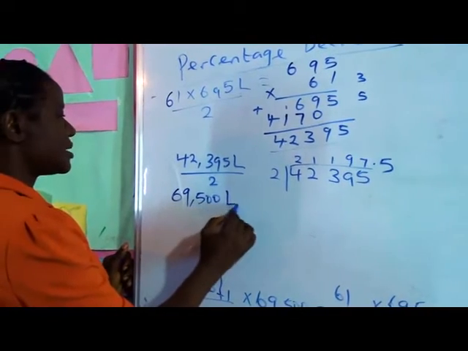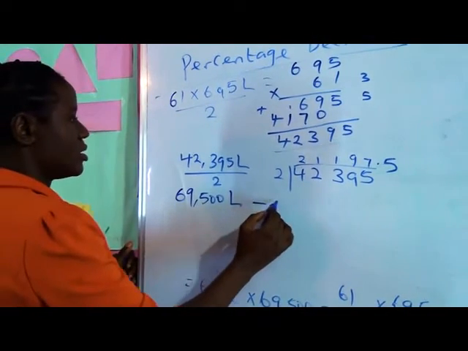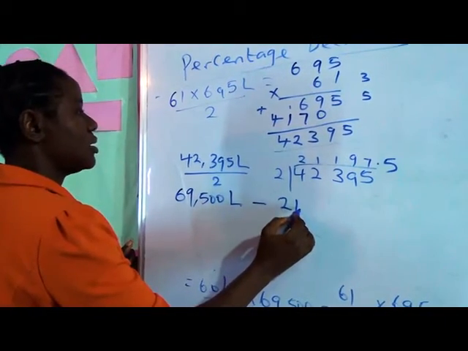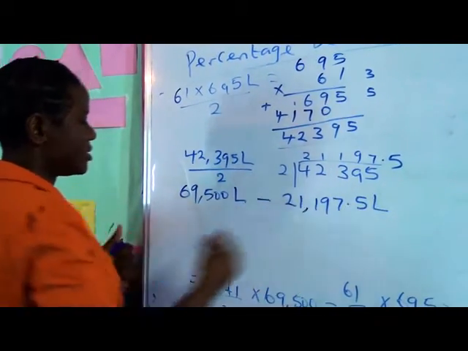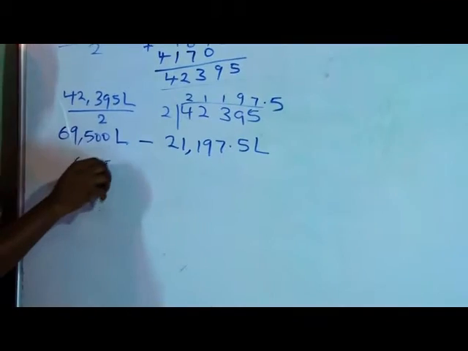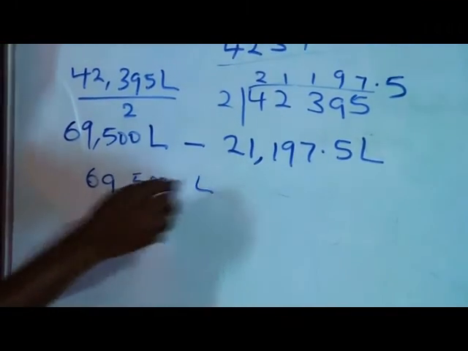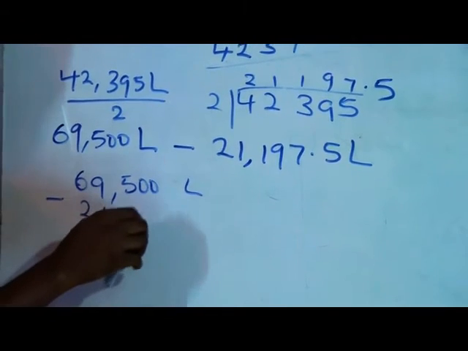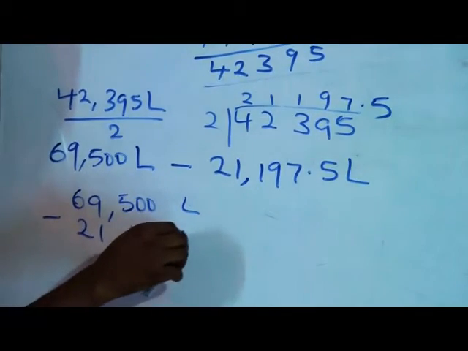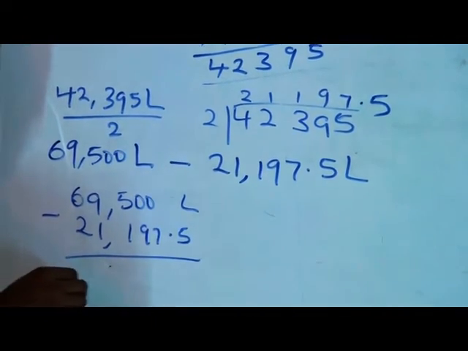So the reduction is 69,500 liters minus 21,197.5 liters.